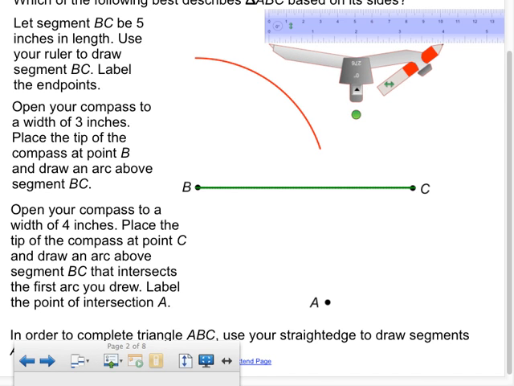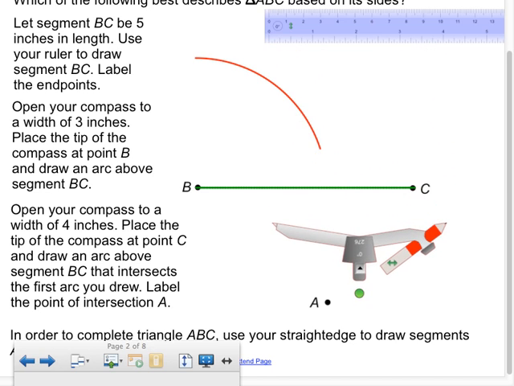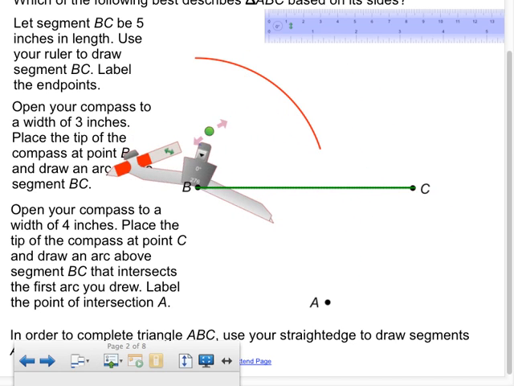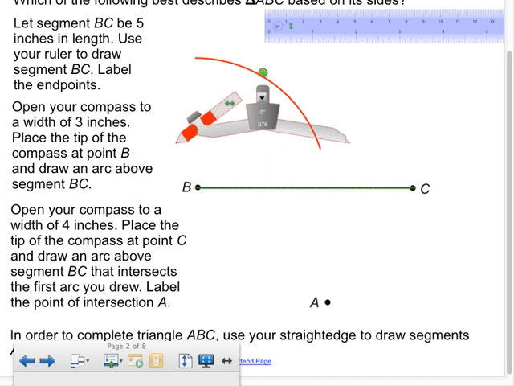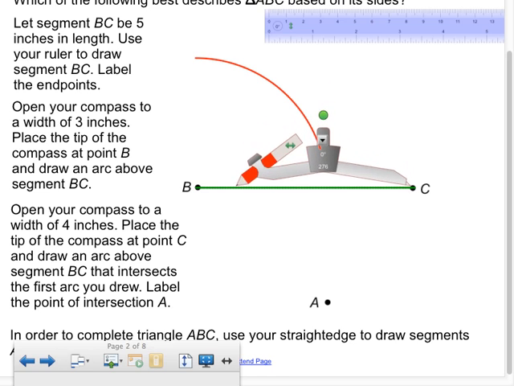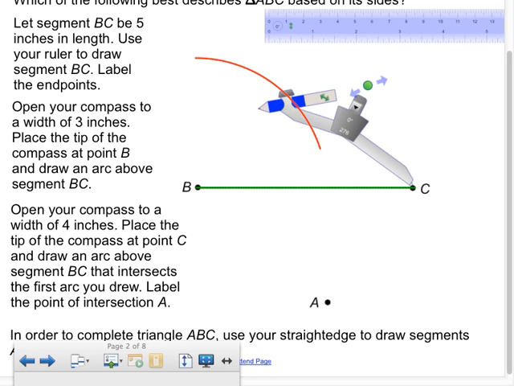All right, there we go. All right, now that I have my measurement, I need to take the spike and stick it on point C. And now I'm going to make another arc so that the arcs intersect.